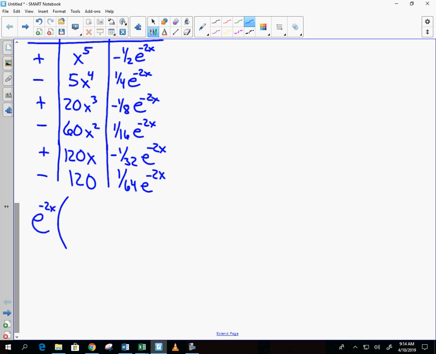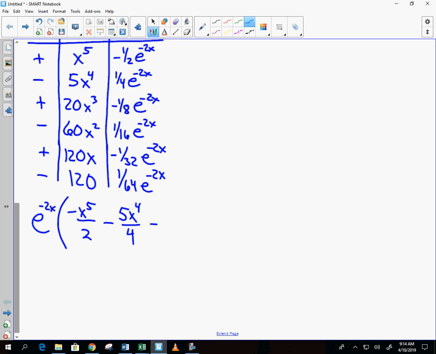First term, positive or negative? Negative. So I get negative x to the 5th over 2. Next term, positive or negative? Negative 5x to the 4th over 4. Did you notice that all the terms here end up being negative? Isn't that silly? Next term, I've got 20x over 8. I'm going to divide a 4 out, and I get 5 over 2.